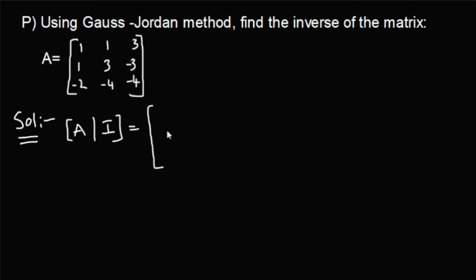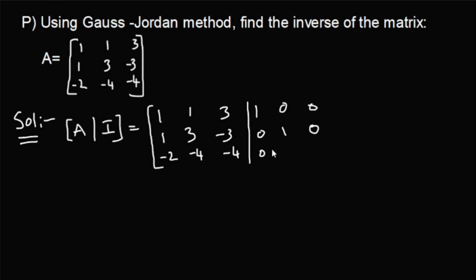That means the matrix A: 1, 1, 3, 1, 3, minus 3 and minus 2, minus 4, minus 4. And after a separation, you write 1, 0, 0, 0, 1, 0, 0, 0, 1.